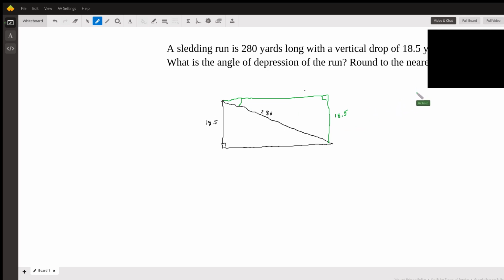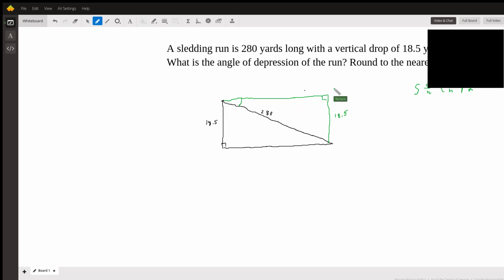Okay, so now we're going to go ahead and use SohCahToa. I like to write it this way because it helps students to remember. The sine is opposite over hypotenuse, cosine is adjacent over hypotenuse, tangent is opposite over adjacent.